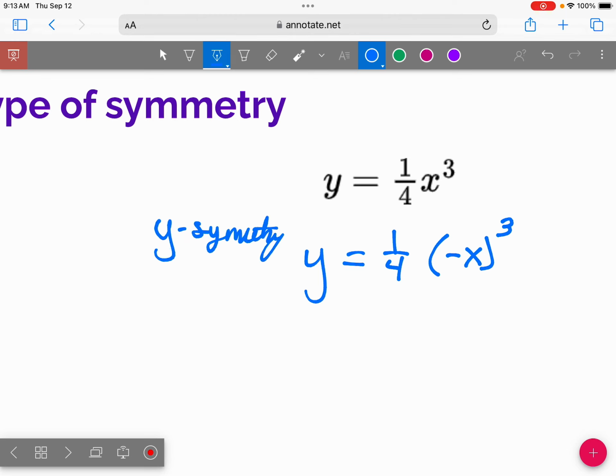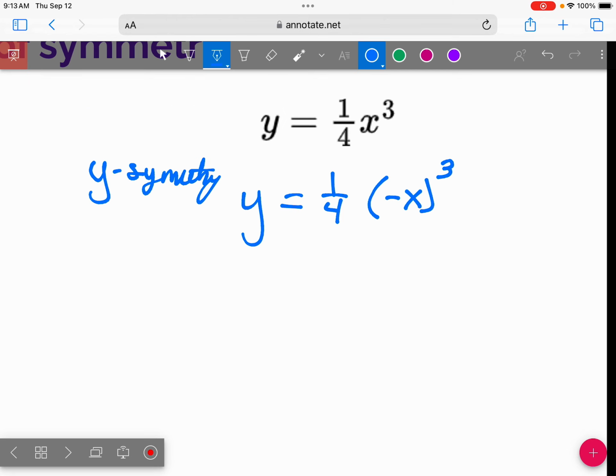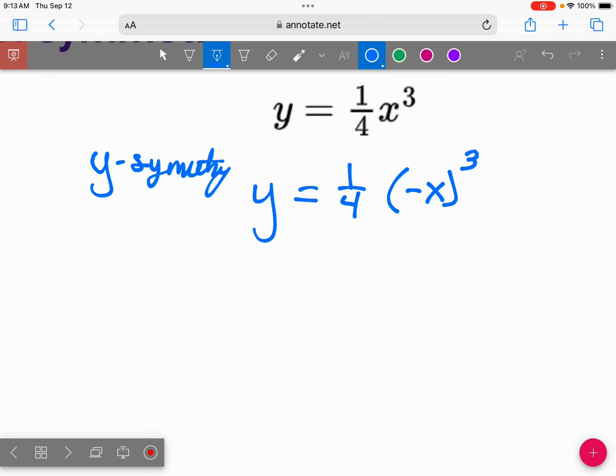We replace the x with the opposite of x to determine if it's y symmetry. So when I cube a negative number, does that always have to be positive? No. So it could be negative. So this we could simplify as the opposite of 1/4 x cubed, because negative x when cubed would be negative.